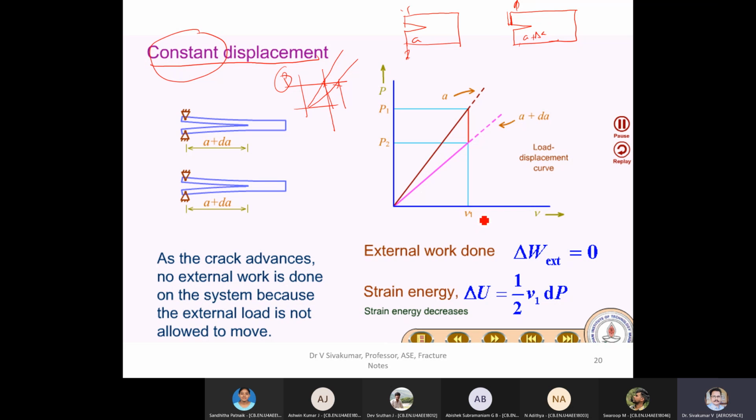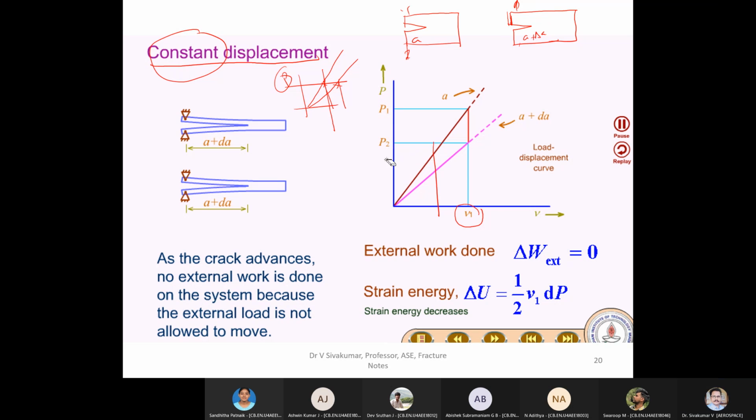Similarly, here with constant displacement, for one displacement we are getting two loads at the same point. Same graph, same system.